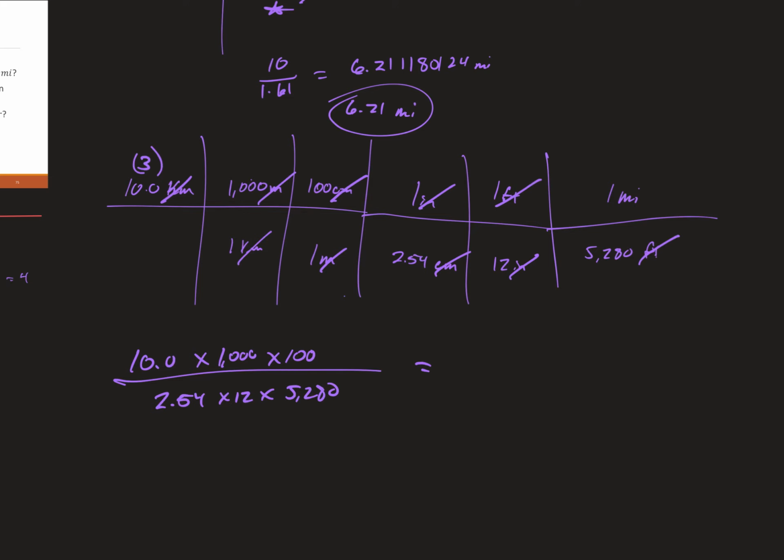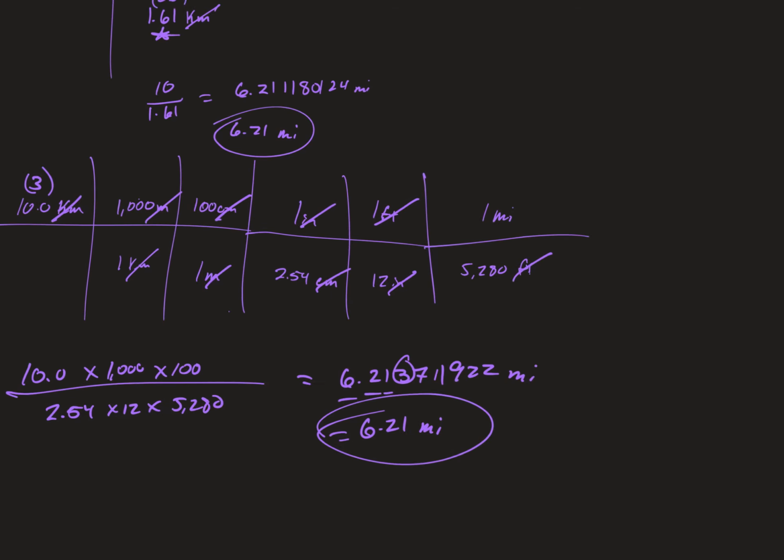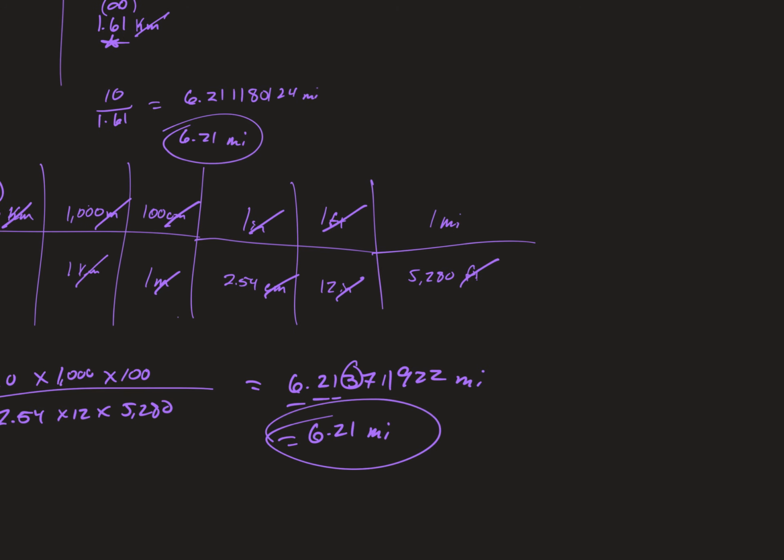This comes out to 6.213711922 miles. Now, rounding it to 3 sig figs, 1, 2, 3, we have a 3 there. It's also 6.21 miles. So that's great. But technically, if you measured it at 6.21 miles, you'd be off.